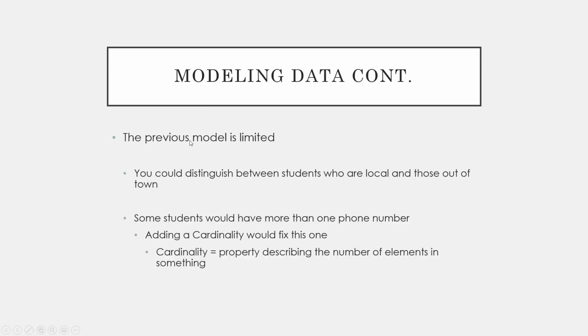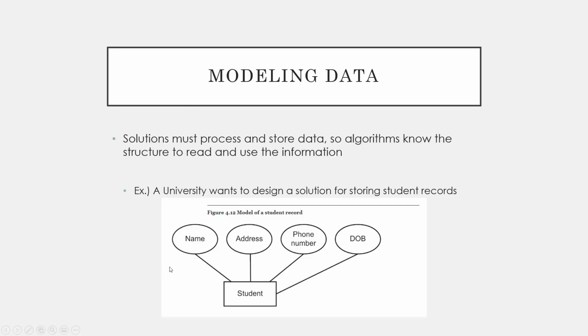Now, that model we just looked at is pretty limited. We could distinguish between students who are local and those who are out of town. Some students could have more than one phone number, and we could add something called a cardinality that would fix that little mistake. A cardinality is just a property that describes the number of elements in something. So the way it is now, we're saying a student has a phone number.